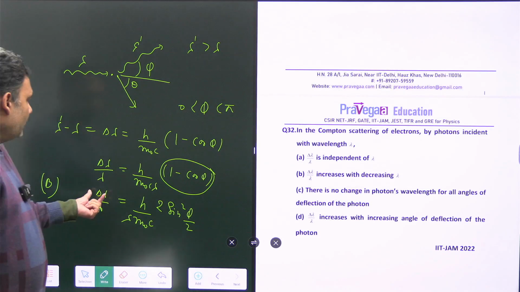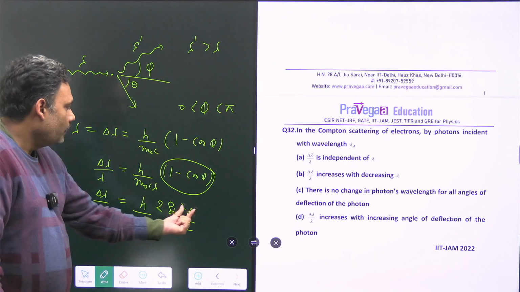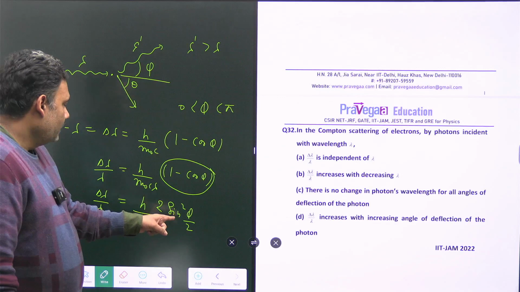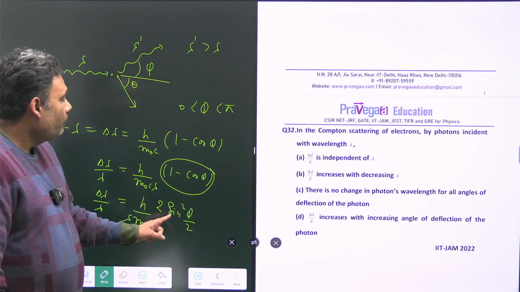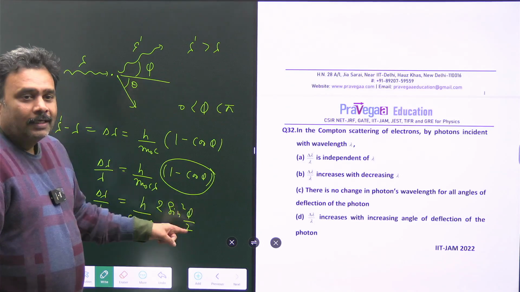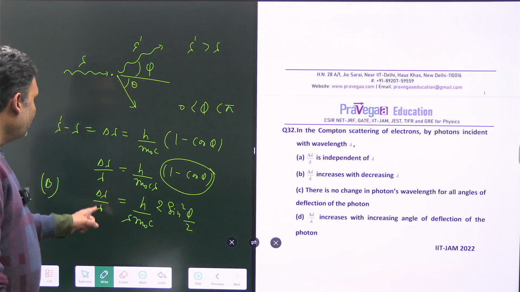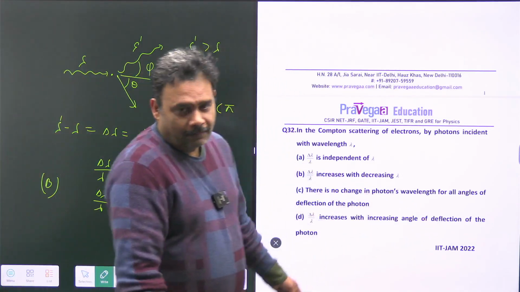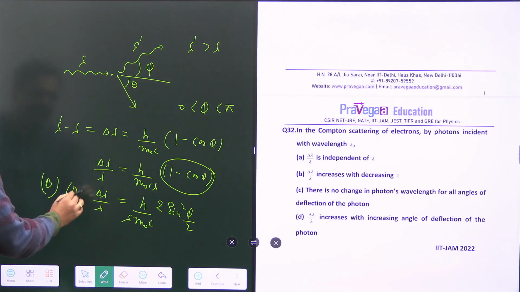Phi goes from 0 to pi, so phi by 2 grows from 0 to pi by 2. The sine square is always positive, and as we increase phi, this value is always increasing. So delta lambda upon lambda increases with increasing angle of deflection. So answers B and D are the correct options.